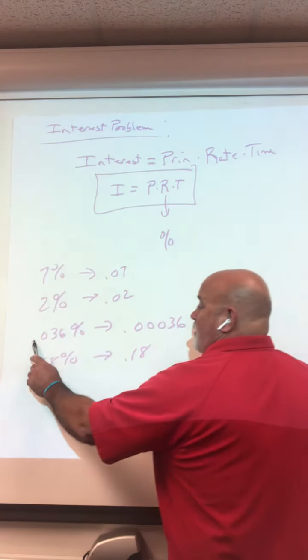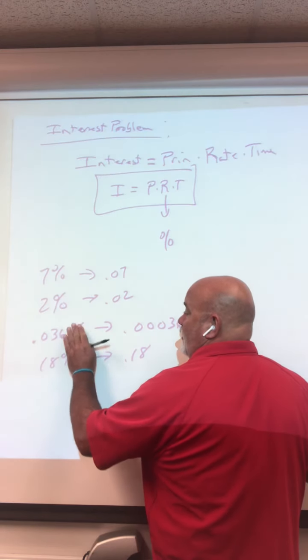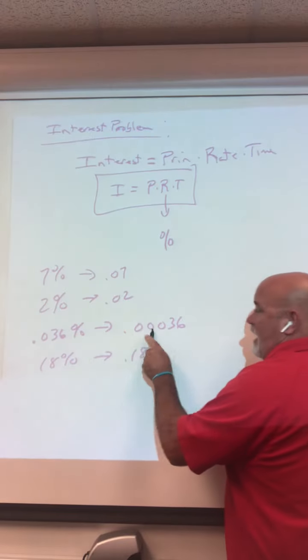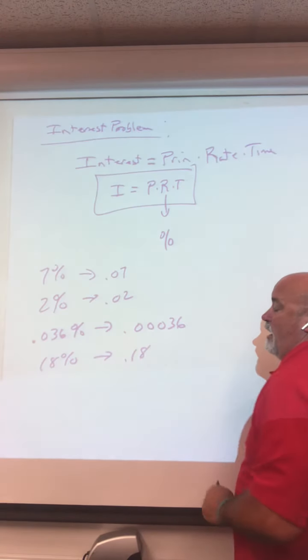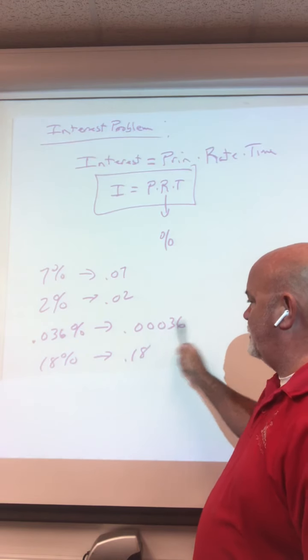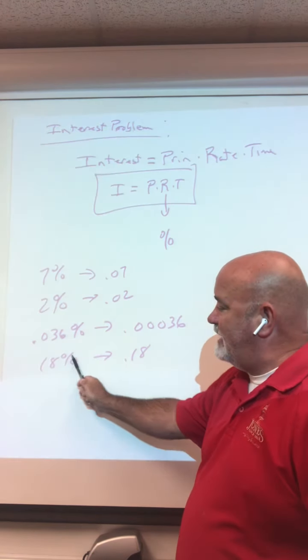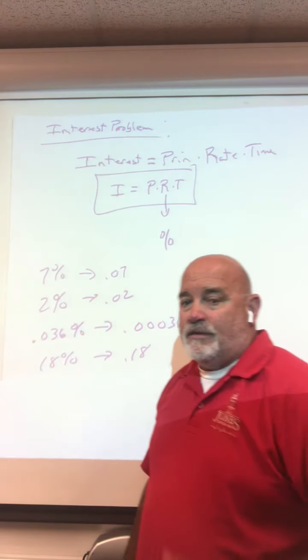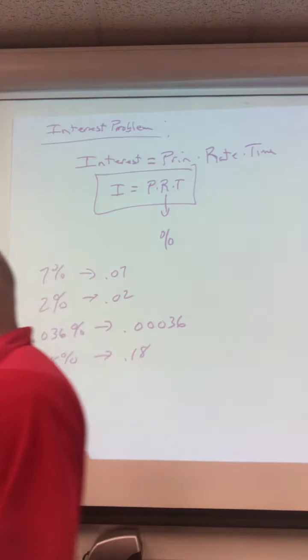Now, if you have 0.036%, when you drop the percent, you have to move it 2 places back, so you have to add 2 zeros in front of the 0.36. So it's 0.00036. Or if you have 18%, the decimal's here. So that would be 0.18. So that's just a quick reminder about that.